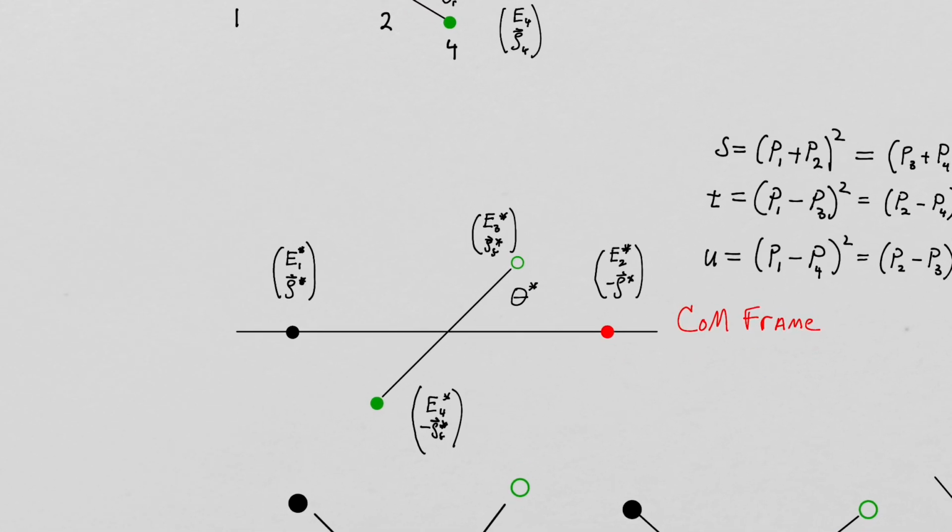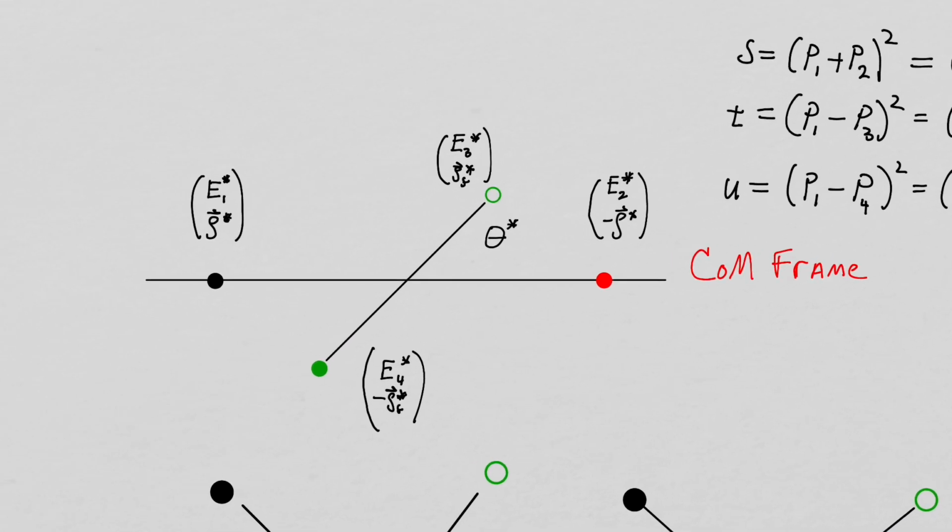The center of mass frame is exactly the way you would imagine it to be. There are 2 incident particles, but we still call particle 1 the incident particle. The target particle is now moving, and their total linear momentum is 0. So you have p star, we put stars on the center of mass frame, and we have minus p star for the other particle.